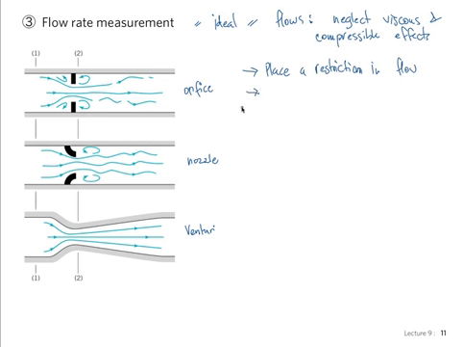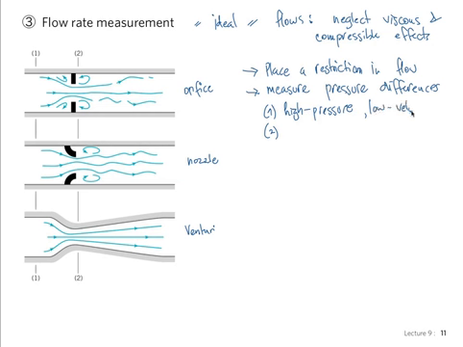Then we measure pressure differences between a point 1 and a point 2, where point 1 would be at a higher pressure and lower velocity because of Bernoulli, of course, and point 2 would be at a low pressure and higher velocity because it's forced to go through this restriction.